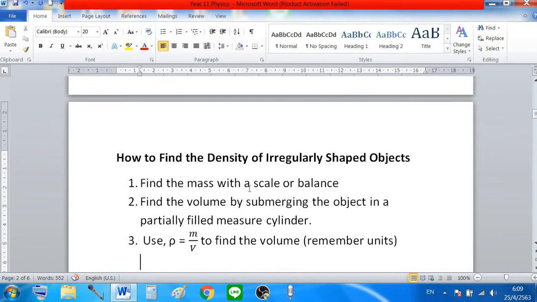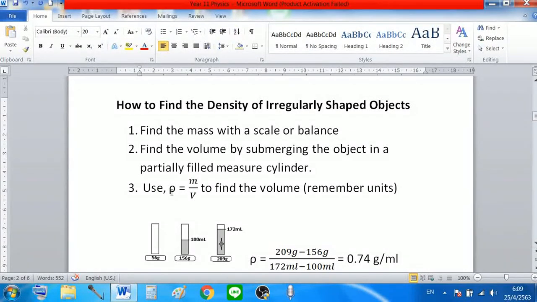First, you find the mass of the object with a scale or a balance. Then find the volume by submerging the object in a partially filled measuring cylinder. And then use density equals mass over volume to find the density.